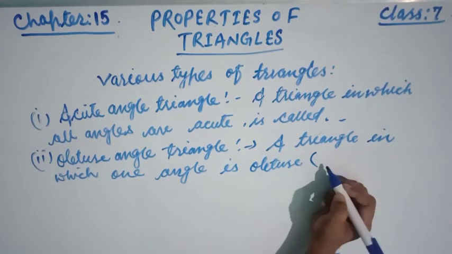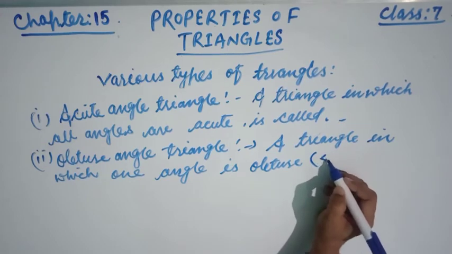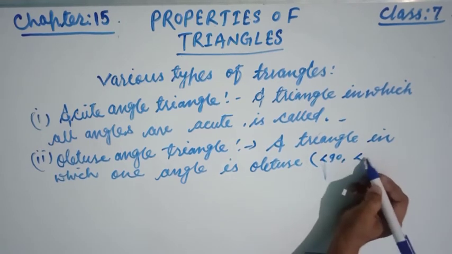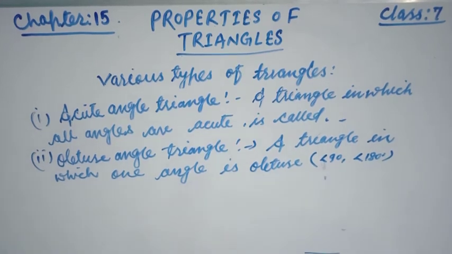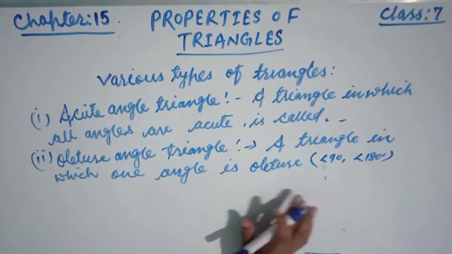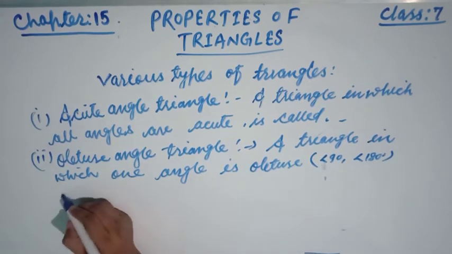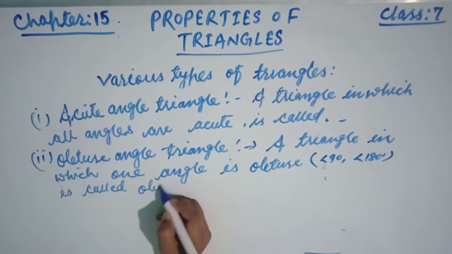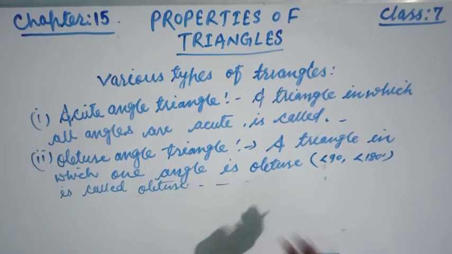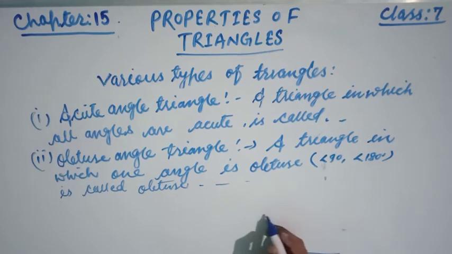One angle is obtuse means greater than 90 degree but less than 180 degree. Okay, obtuse means greater than 90 degree but less than 180 degree. That is called an obtuse angle triangle.